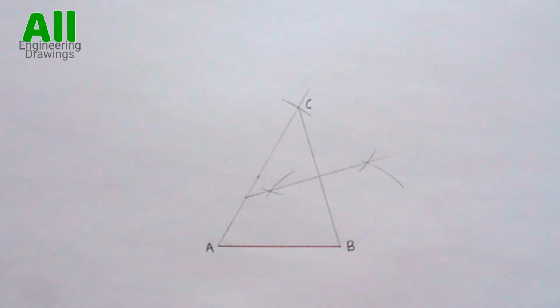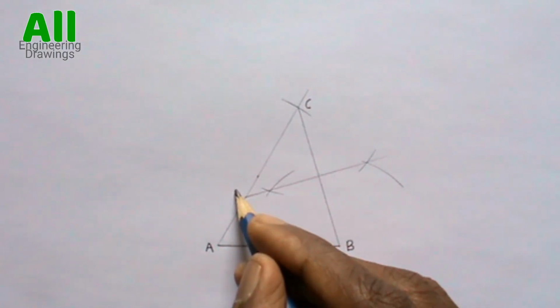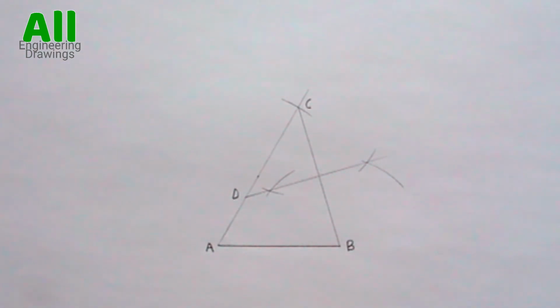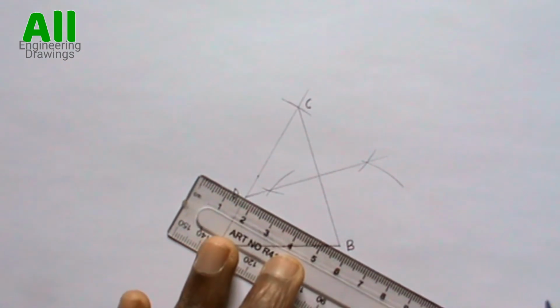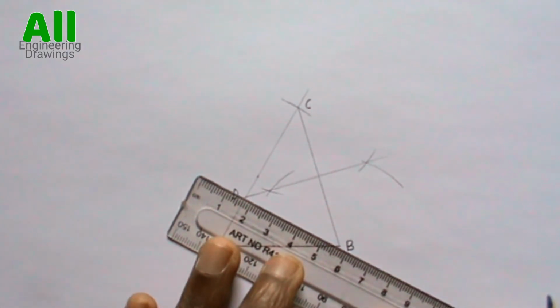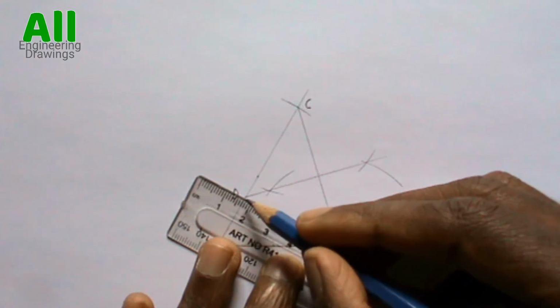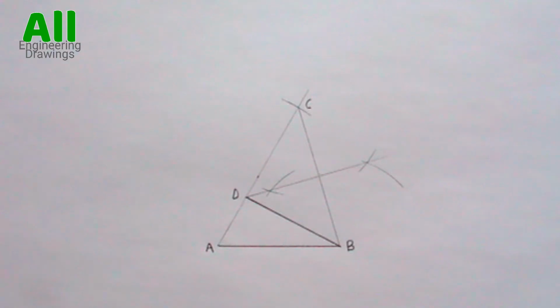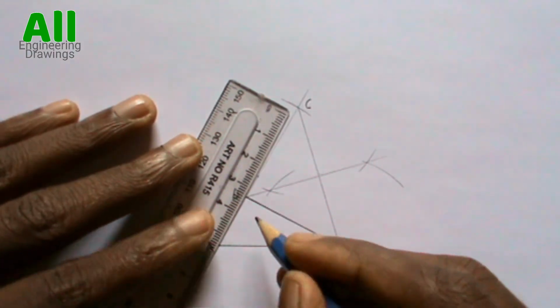Label the point where the bisector intersects line AC. Draw a line to join point D and point B. Make line AD bold.